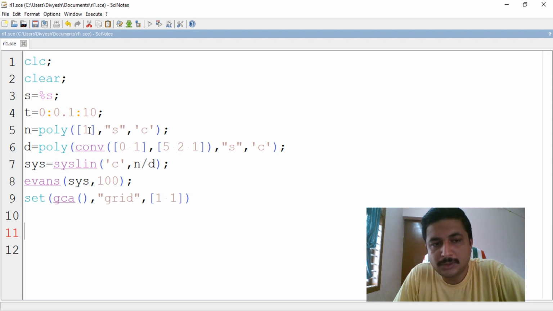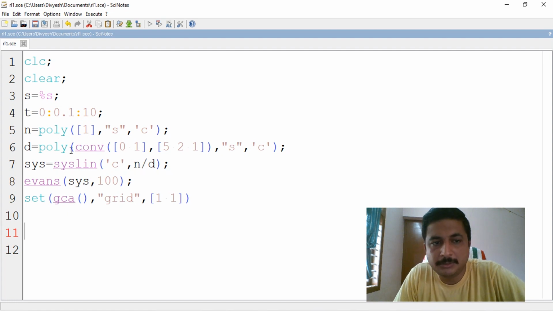In special cases when you do the theoretical calculations, there are cases where the root locus will not cross the imaginary axis. In such cases also you can choose K equal to 1. No problem, it will not affect our locus. Based on that I have chosen K equal to 1, that's why my numerator is the polynomial 1.